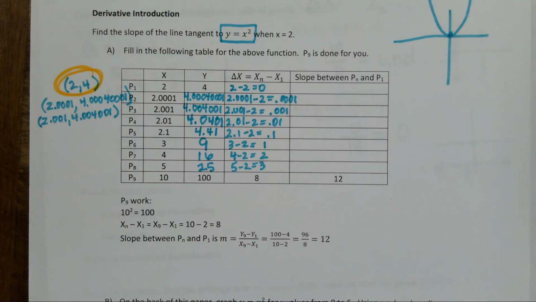This row, I want you to find the slopes between the first and third and the first and seventh. And then this row, let's have you do the slope between the first and fourth, and the first and eighth. So we'll just get a couple people doing the same thing.